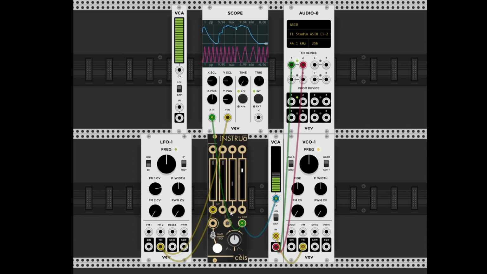Yeah. Now I decrease the offset of the attack time, and now listen and watch to that. No change, as if there were no modulation at all.